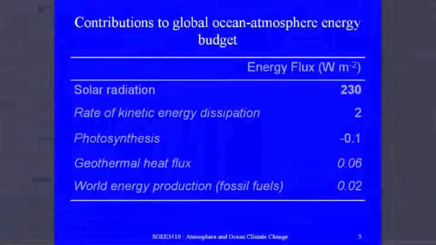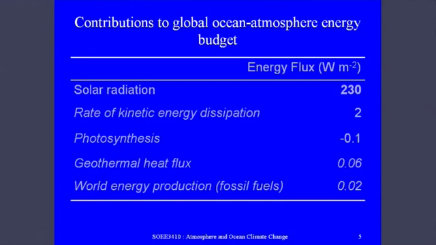Just for your information, the sun is actually not the only thing that puts heat into the Earth system. It's about 230 watts. There's another one having to do with dissipation of the motion of the air, which gets converted to heat, so that's about 2 watts.